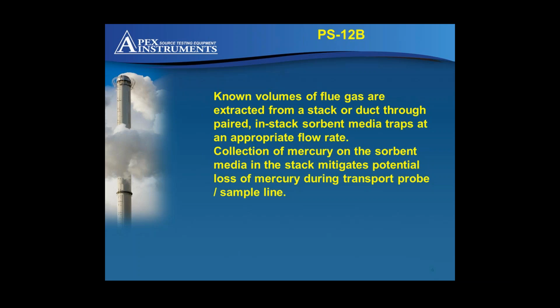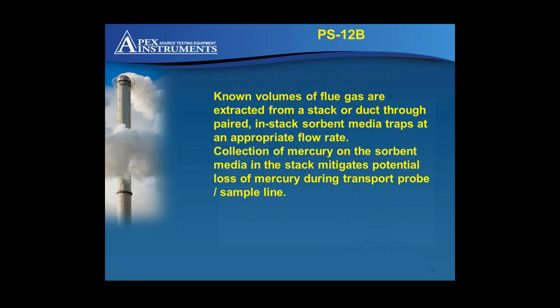Quite simply, known volumes of gas are extracted from the stack in paired sorbent trap media at an appropriate flow rate. For PS12B, this is always at plus or minus 25% of the stack gas flow. One of the nice things, of course, is that the collection of mercury is on the sorbent media, and therefore you're not transporting mercury down a sample line.